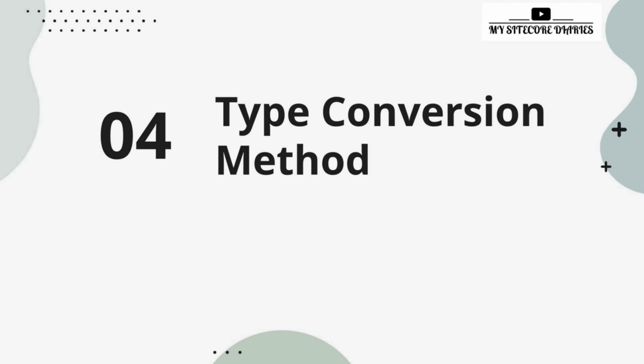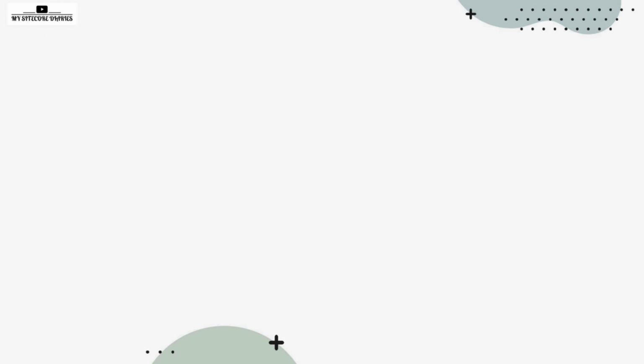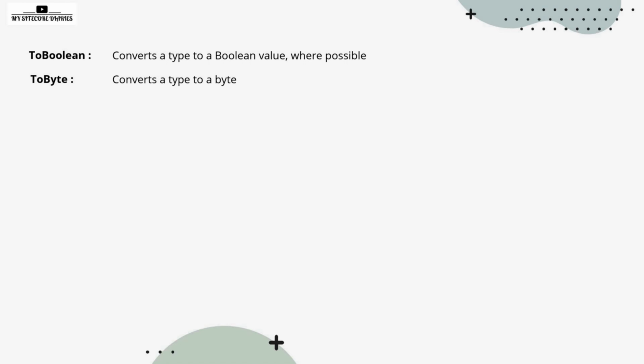Now we will move to the type conversion methods. These are basically a few inbuilt methods which you can utilize for conversion. ToBoolean converts a value to boolean. Then you have ToByte, which obviously converts to byte. ToChar converts to a Unicode character.